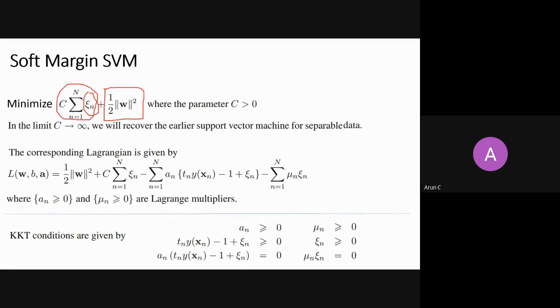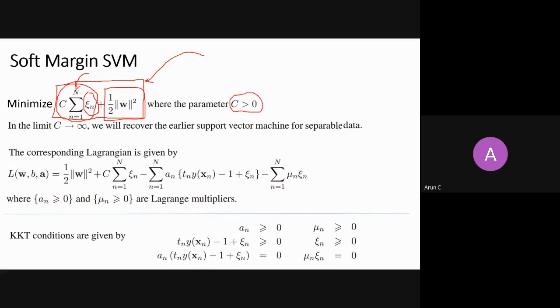But because we are ready to accommodate some error, it depends upon how much error we want to accommodate. That's why we are putting it into the objective function. Hence we are minimizing the sum of both terms: first, the norm of W plus the sum of all psi. This is my objective function which I want to minimize. And as I said yesterday, C acts as an inverse of a regularizer.